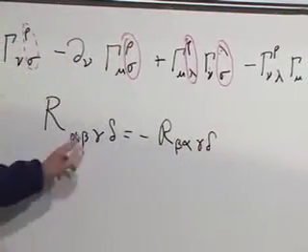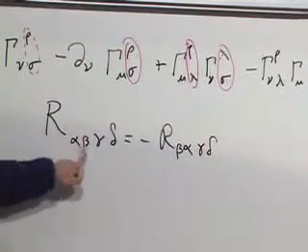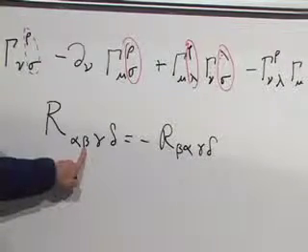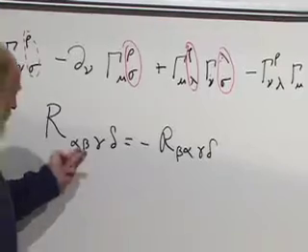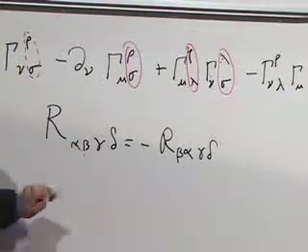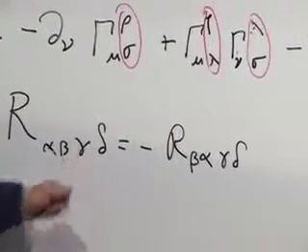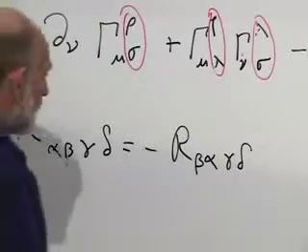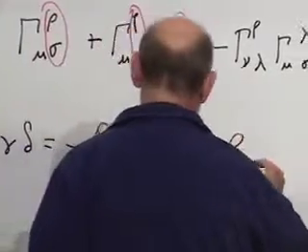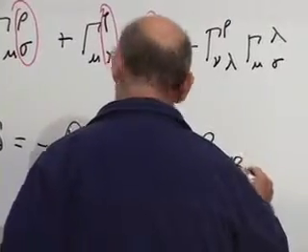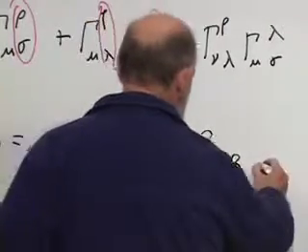First of all, it's anti-symmetric with respect to interchange of alpha and beta. That just says if you interchange alpha and beta, it's anti-symmetric. It's also anti-symmetric if you interchange gamma and delta, so it's also equal to minus R alpha beta delta gamma.